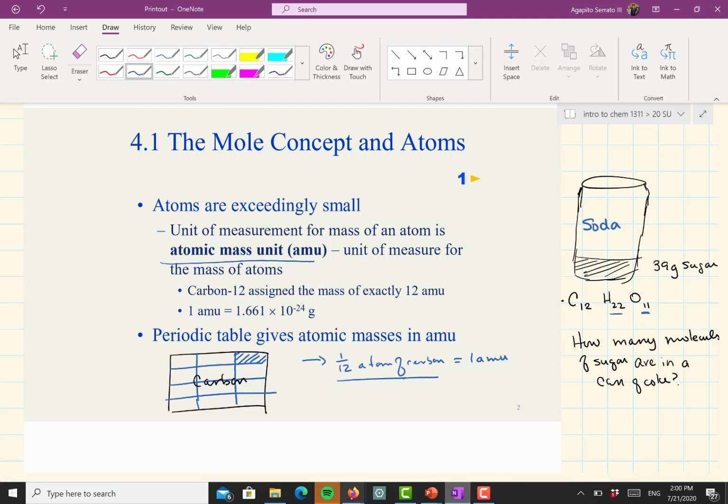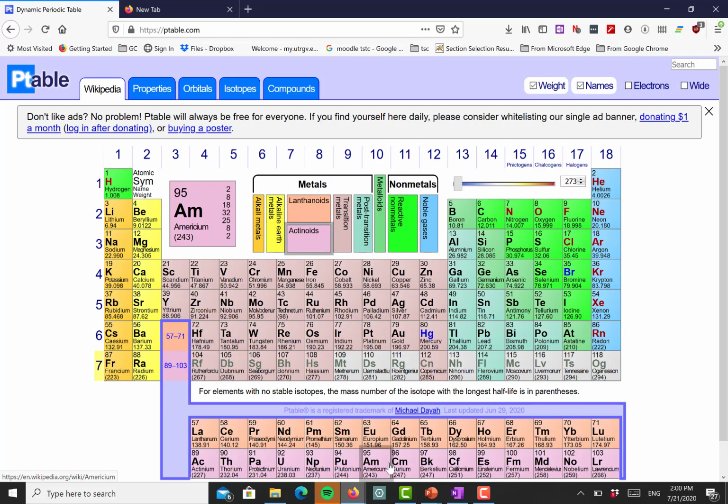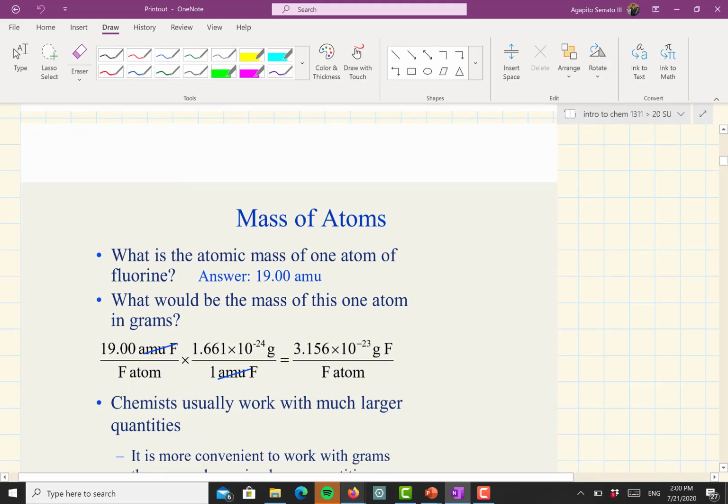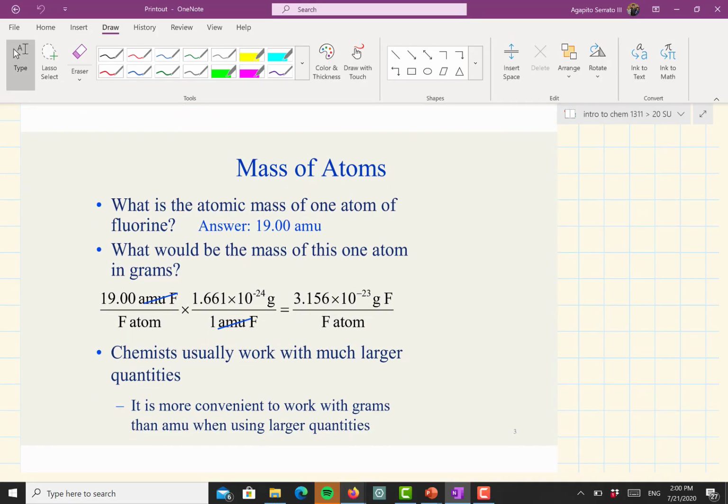If we go to our periodic table, you see over here that carbon weighs 12 AMU. So that gives us an easy way to give a relationship of mass between the different elements in our periodic table. And we use that system to figure out many things.